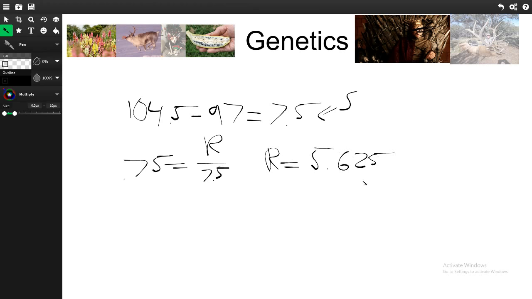5.625. And again, this doesn't mean that they'll have 5.625 inch antlers. This means that the offspring will have this many inches above average. So we add that to the average to give us a total antler length of 102.6 inches.